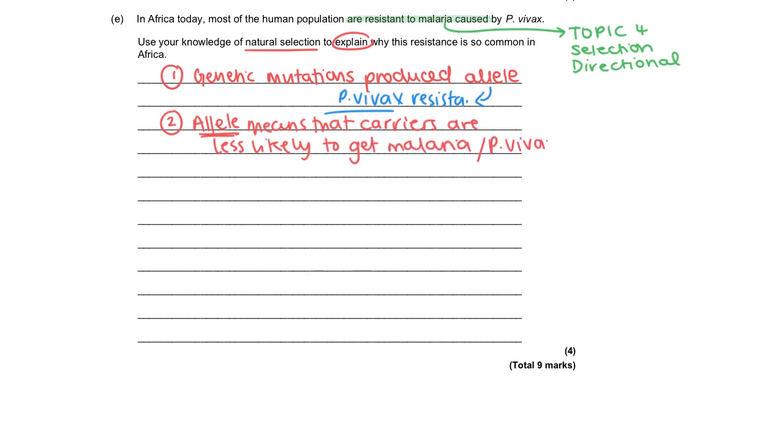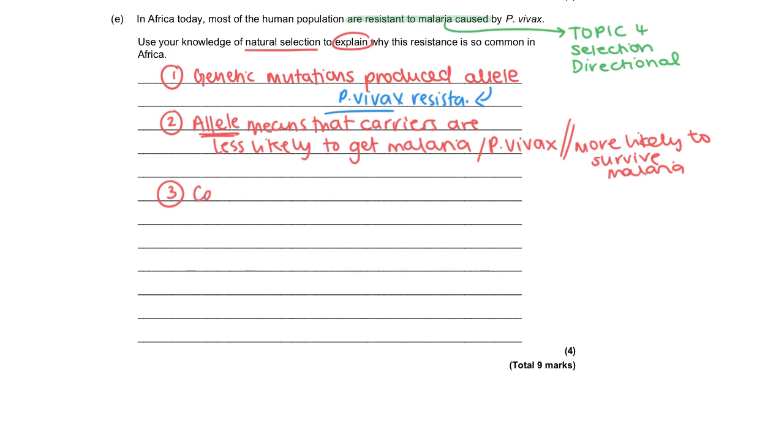You could have also said for this same mark point that they are more likely to survive malaria. I'm going to put that down here. And as a result, we see that these individuals are more likely to survive and reproduce.